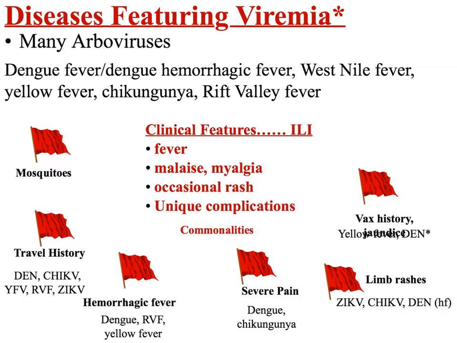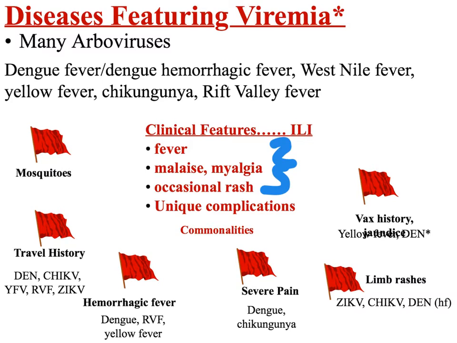It's sort of a diffuse, I don't feel well. Some of these will give rashes, and some of them will have some unique complications that make them a little easier to point towards. But this is the main picture that you see with these guys. I don't feel good, I hurt all over, and my life is not happy right now.